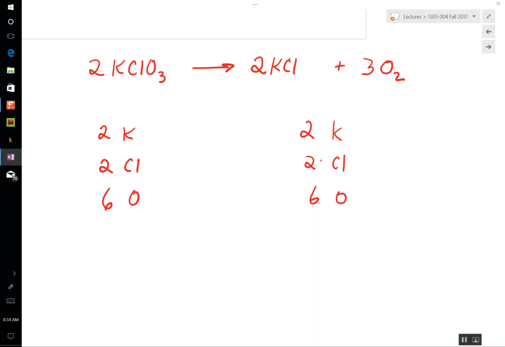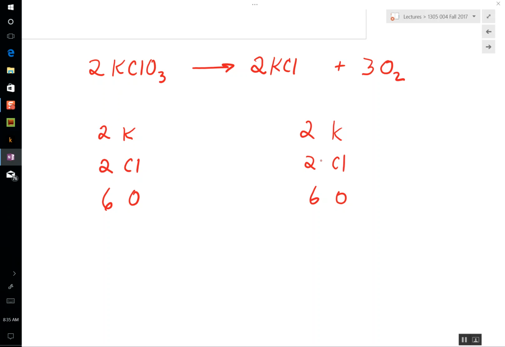All right, let's look at number 7. If you look at 7, 8, and 9, those are the kinds of things that we burn. 7 is natural gas. We burn it in our furnaces. 8 is propane. We burn it in our grills. And 9 is octane. We burn it in our automobiles and vehicles. That's the main component of gasoline.